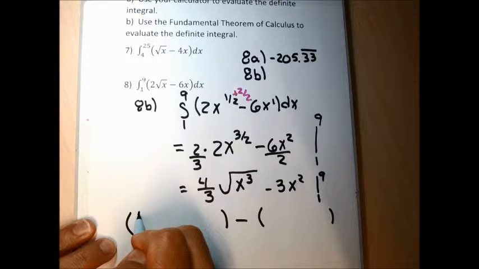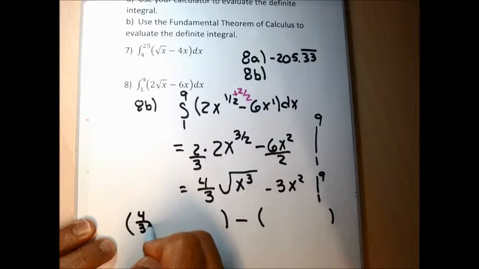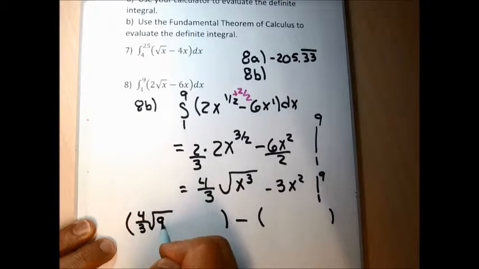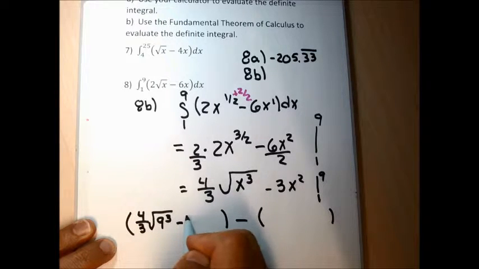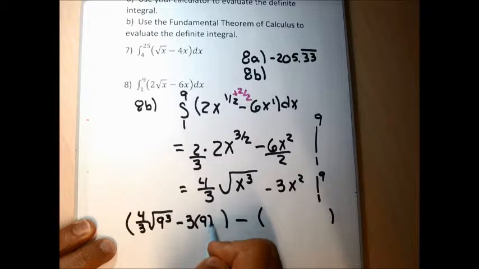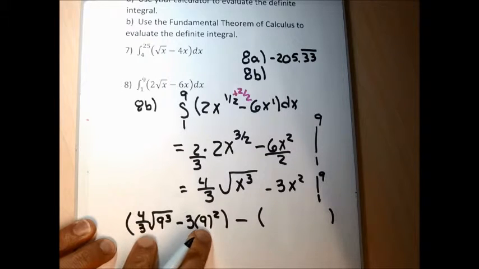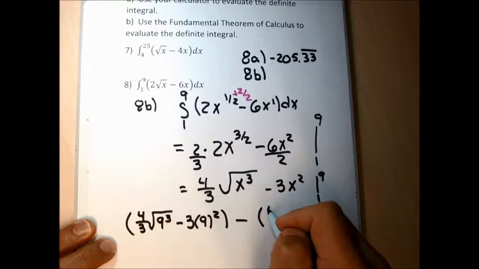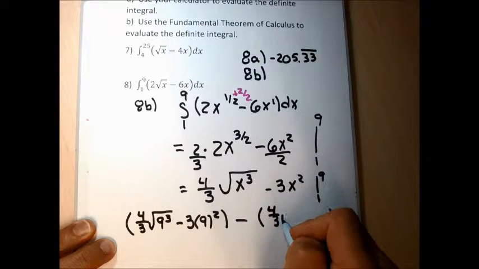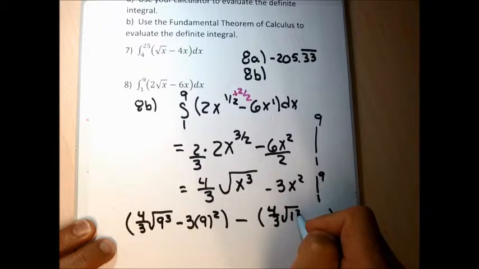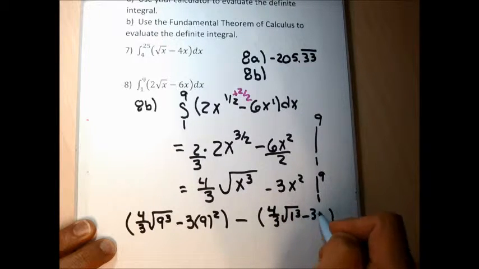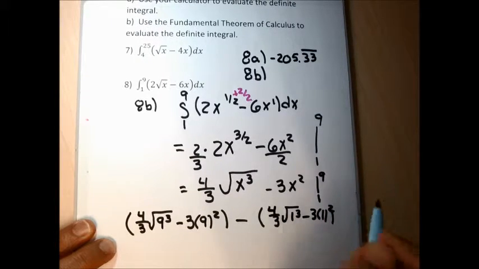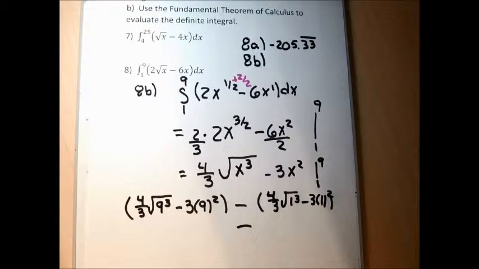In the first one, I'm going to go 4/3 times the square root of 9 cubed minus 3 times 9 squared. I'm going to make that into a fraction, do it all on my calculator. And for this one, I'm going to go 4/3 times the square root of 1 cubed minus 3 times 1 squared. I don't care to do either of these by hand, so I won't.